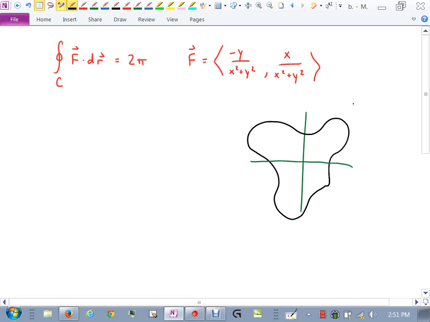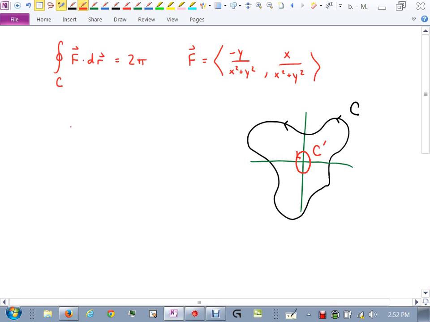And let's give C positive orientation, right? And then we're going to pick another path. This other path inside is going to enclose the origin. Call this C prime. Give it positive orientation, like that.